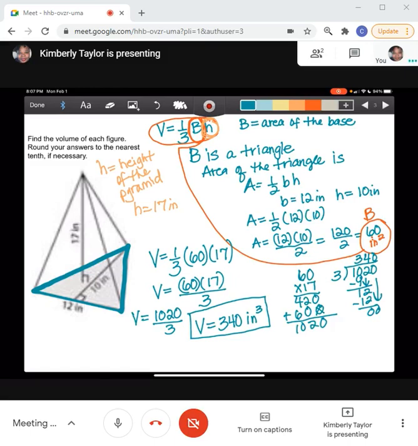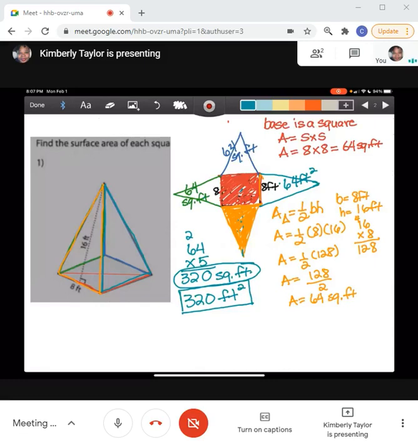So the reason why we multiplied by 5 is because we have 5 surfaces. Let's number them. We have 1. Let me shade them all in.